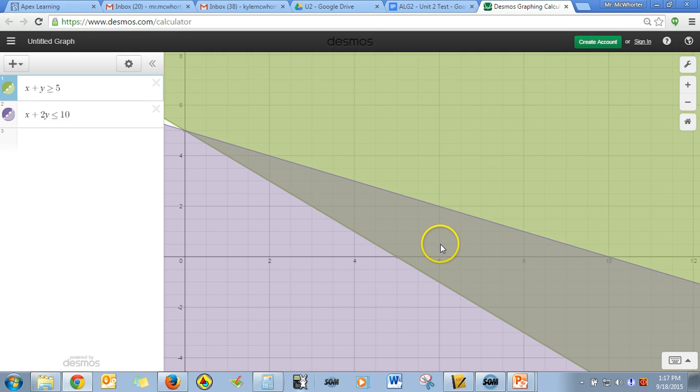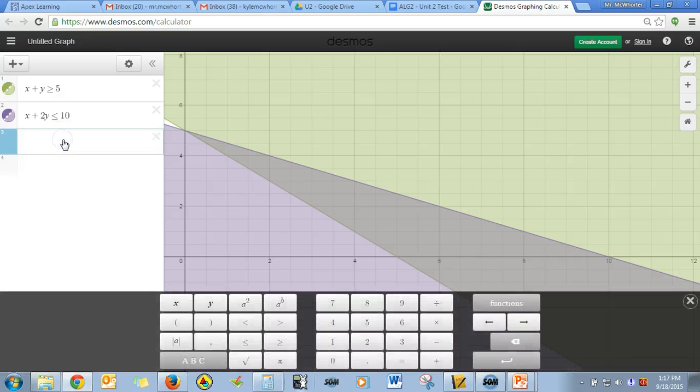So every integer point of intersection in here, like say (5, 0), would count, right? What about (5, 1)?